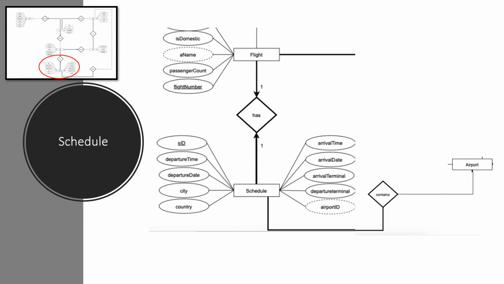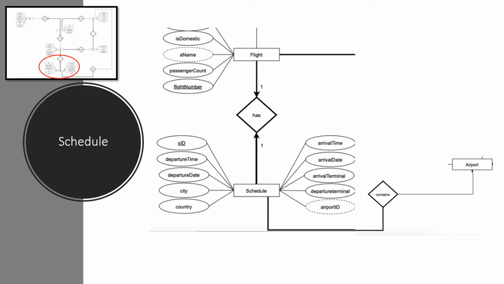Next, we have the schedule entity. Every flight follows a schedule in order to ensure that the passengers get to their respective destinations on time. To ensure that a flight has only one schedule to follow and that each schedule belongs to a flight, the flight and schedule entities will sustain a one-to-one relationship. This schedule will have the country the flight will be traveling to, the airport of the flight, the arrival time and the departure time of the flight, the arrival date of the flight, and the city the flight will travel to.